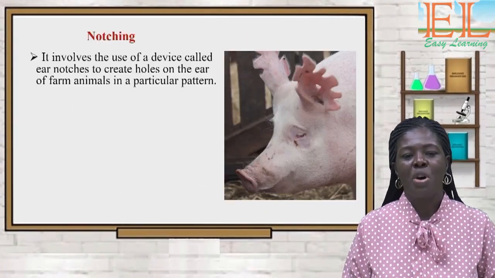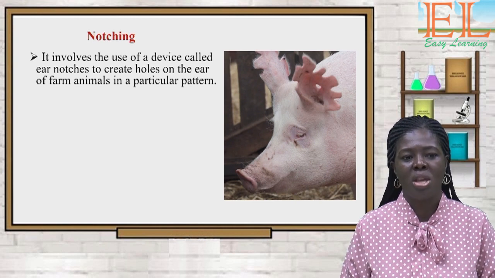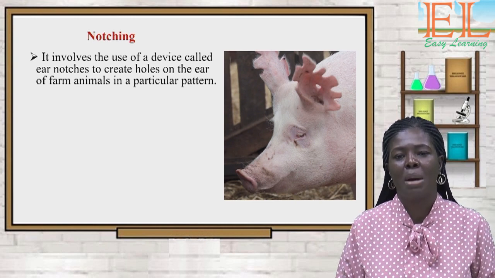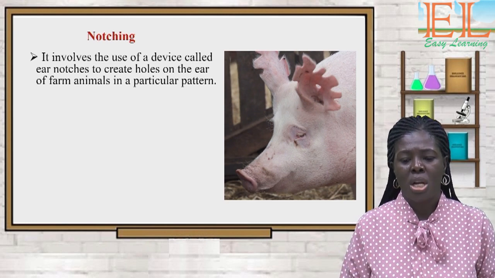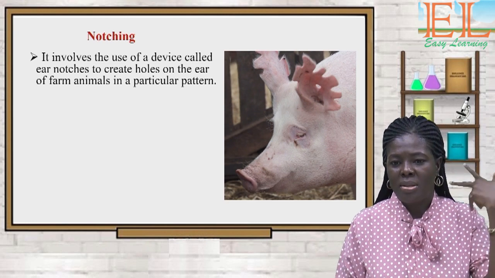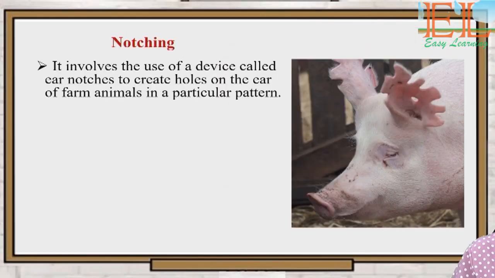Notching. It involves the use of a device called ear notches to create holes on the ear of farm animals in a particular pattern. So you can see the picture on the screen with some special markings around the ears, indicating maybe this is the pen that it is coming from, the mother is this so and so number, and the rest.